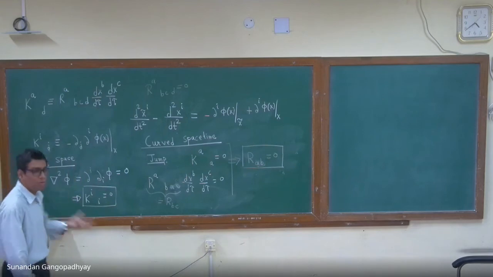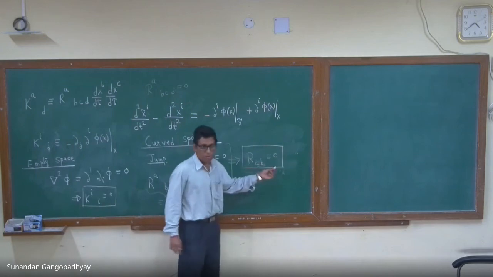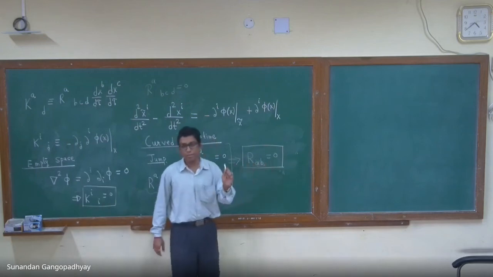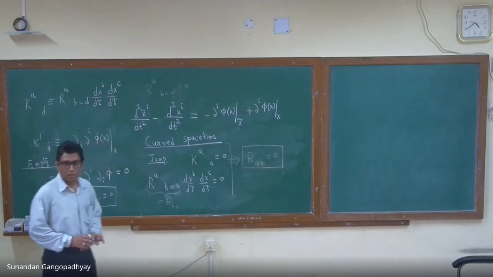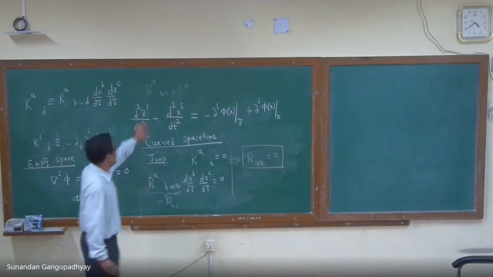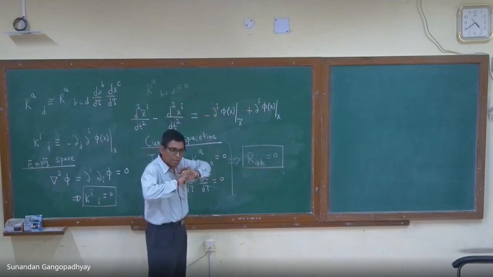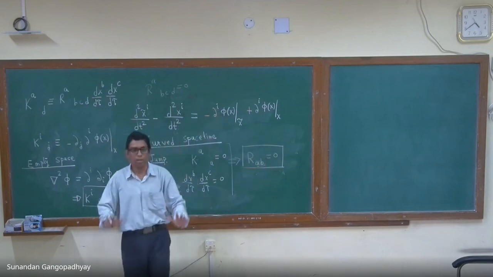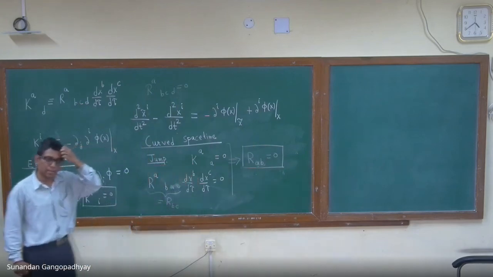But solving this equation may not always give you flat space time. Flat space time means no curvature. So if the Riemann tensor is equal to 0, it tells you that there is no curvature. So the only solution that you can get from solving this equation is a flat space time and nothing else.